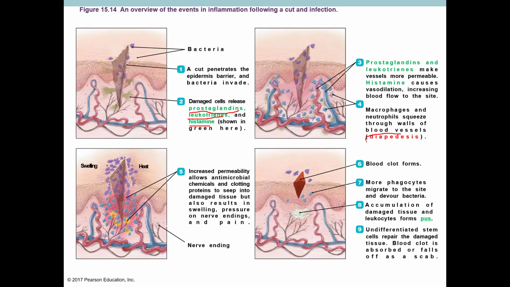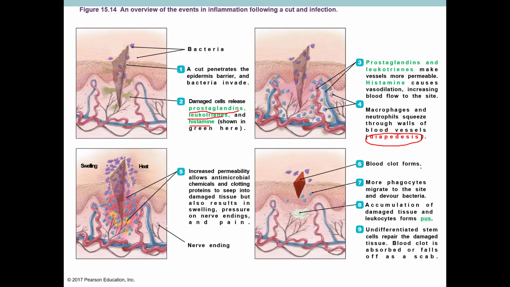Macrophages will move through the walls of the vessel. That's diapedesis. And it creates some swelling because of the increased volume of liquid there, right? And some heat. But all of this is important to the healing process.